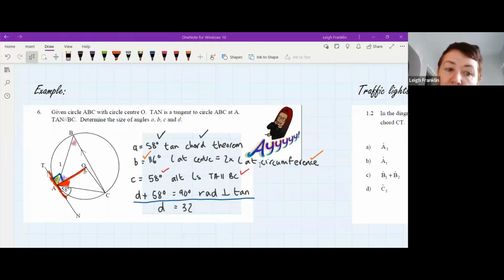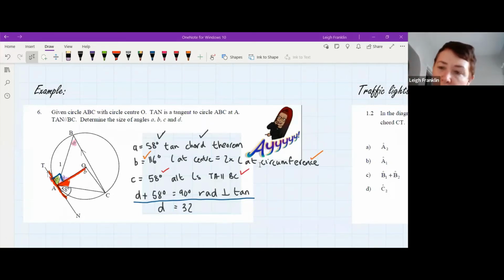Yes. The reason that it works for this diagram is because the tangent and line BC are parallel to one another. If we were doing another question, it may not work if line BC and line TN were not parallel to one another. So it's better for you to rather say C plus D adds up to 90, because we know that that's definitely true.